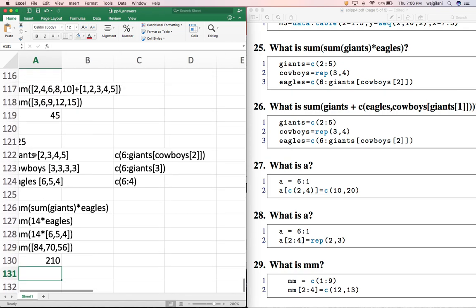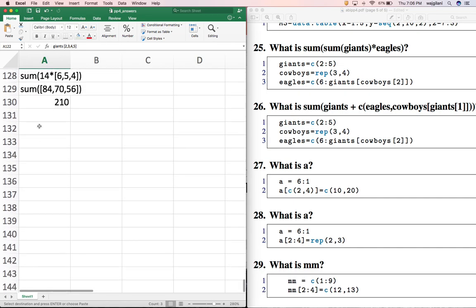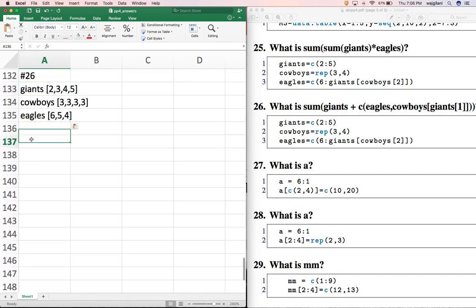Number 26, let me just copy these guys down again. Number 26 is this, sum Giants, this stuff right here. So again, I'll minimize this and then I'll add it all up.